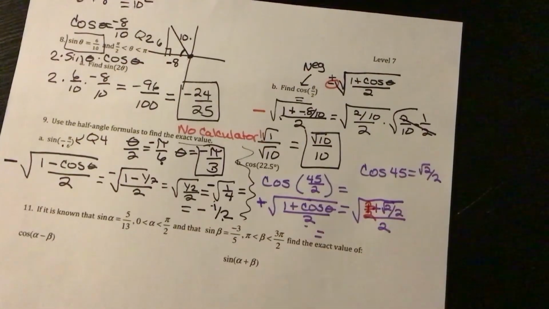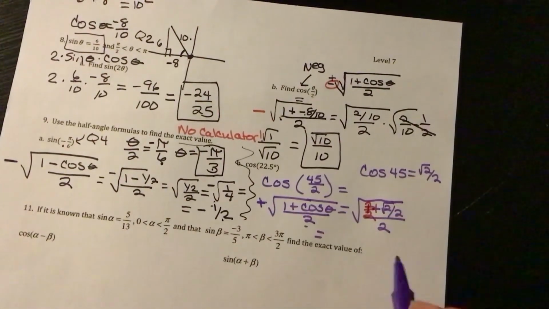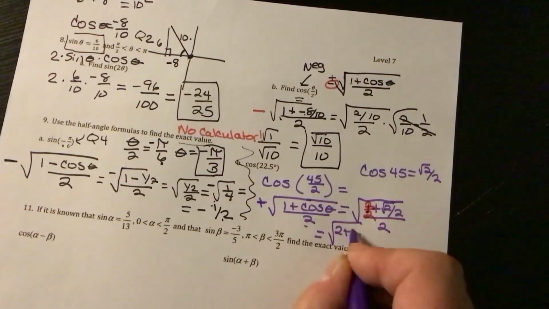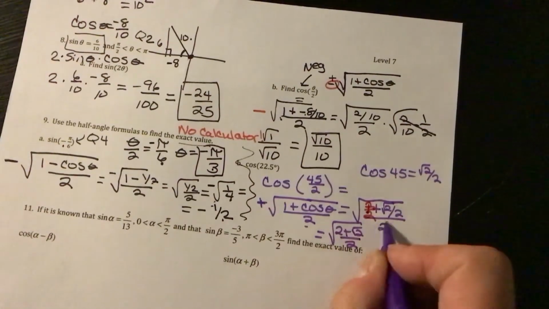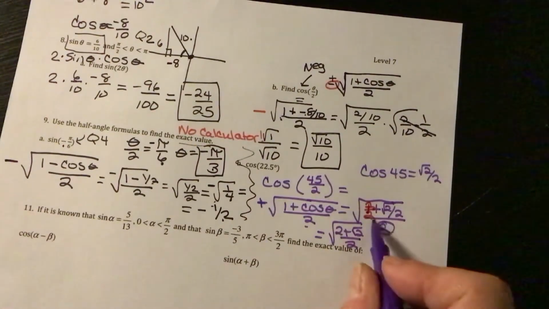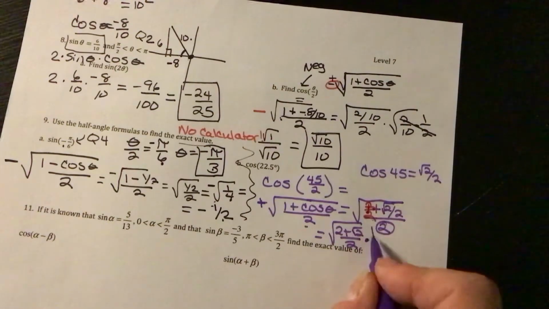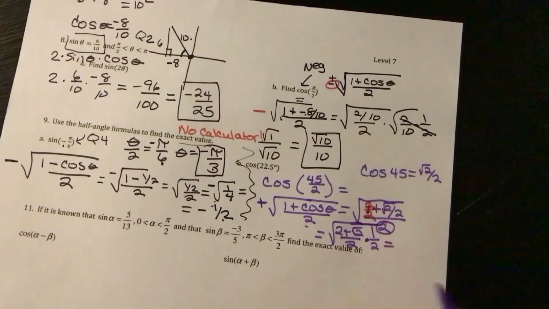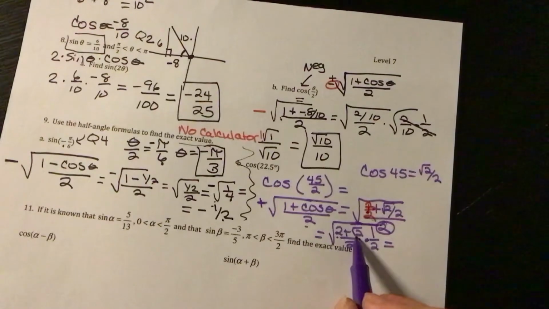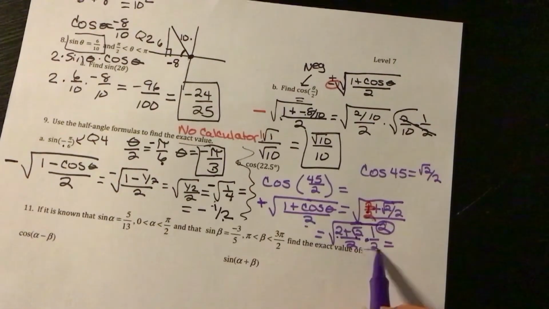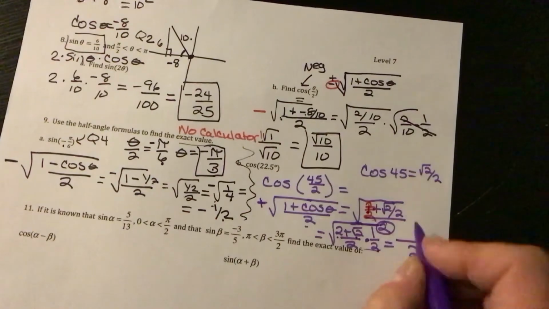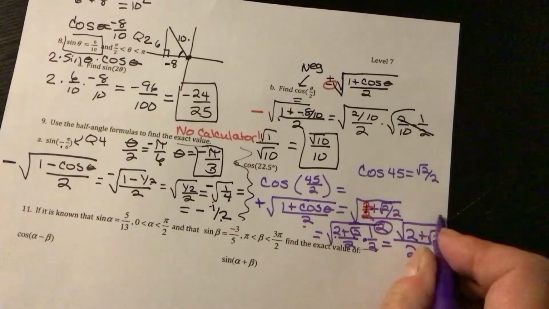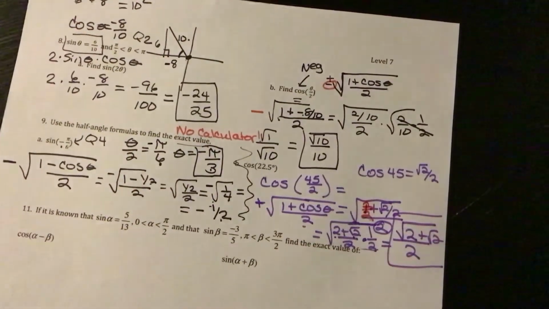So this gives me 2 plus the square root of 2 over 2, and now I'm going to multiply it by 1/2 because really it's divided by 2, but I can multiply by the reciprocal. And that's inside the root sign. So this is the square root of 2 plus the square root of 2 divided by the square root of 4. Square root of 4 is 2, and on top I have the square root of 2 plus the square root of 2. There's my answer.